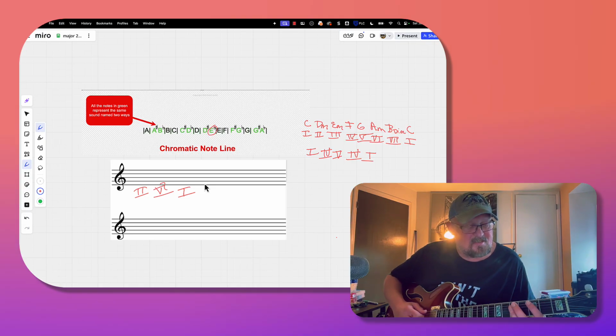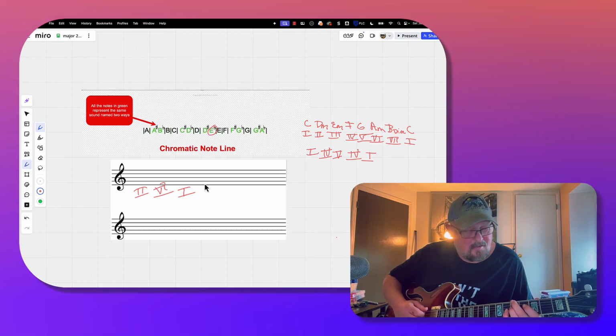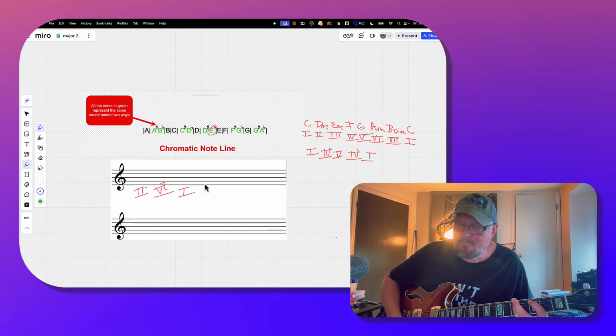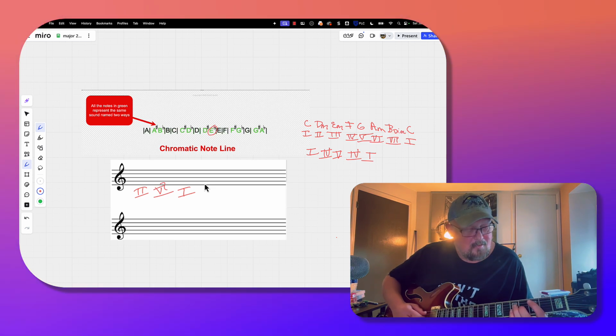So instead of just playing it plain, I put the 2 in front of it, which is E minor 7.